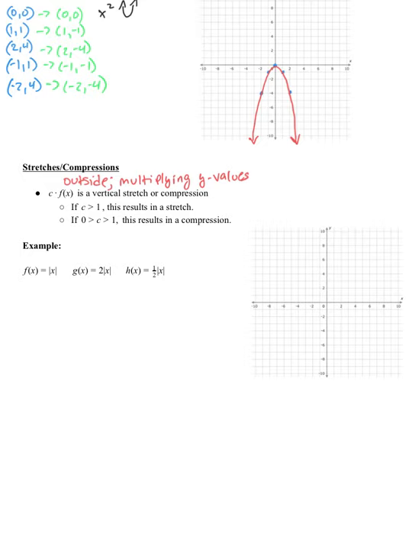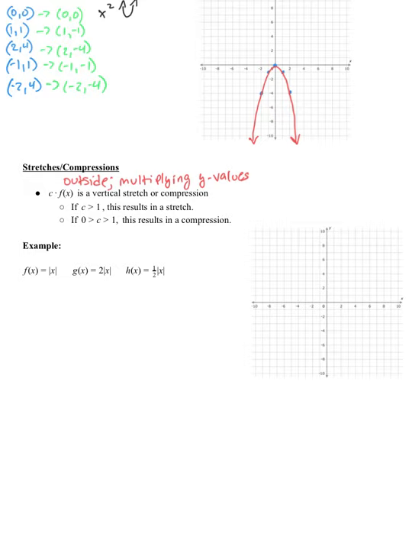There's two different ways that we can do this. If c, the constant, is greater than 1, this results in a stretch, and you'll see why that's called that in a second. If c is between 0 and 1, aka a fraction, this results in a compression. You'll also find out why that is when we do this.